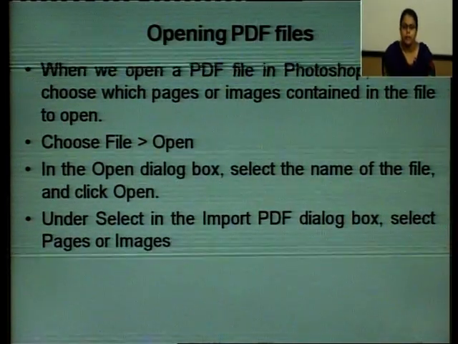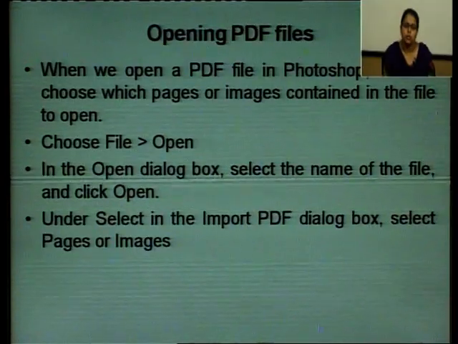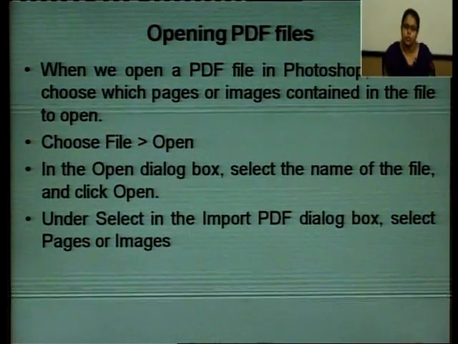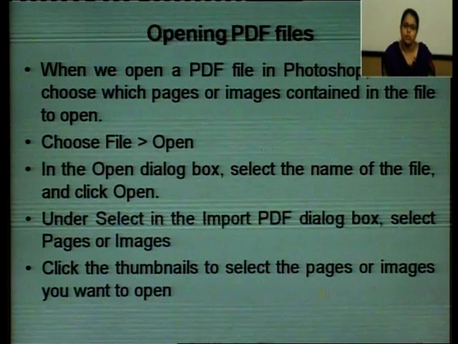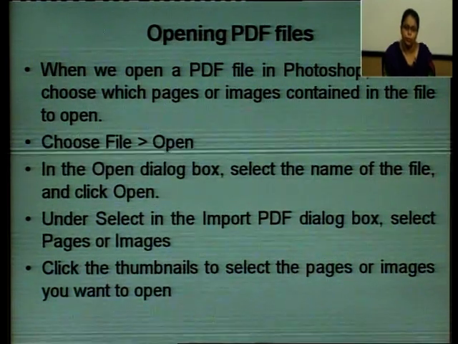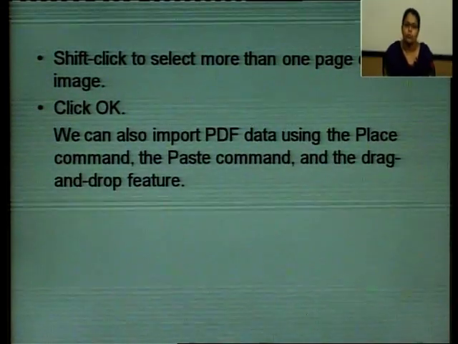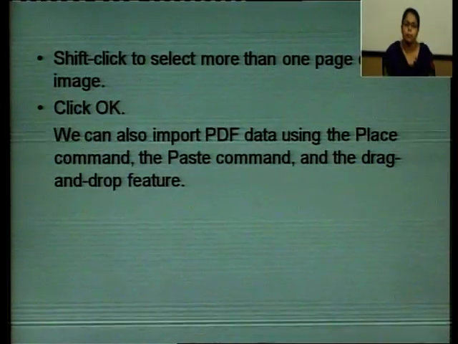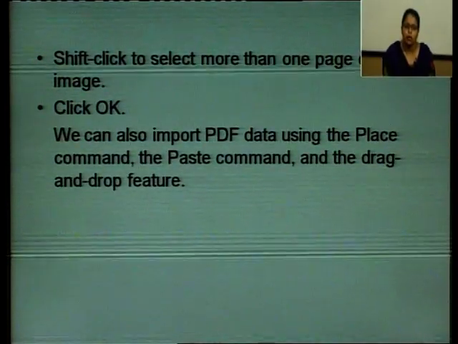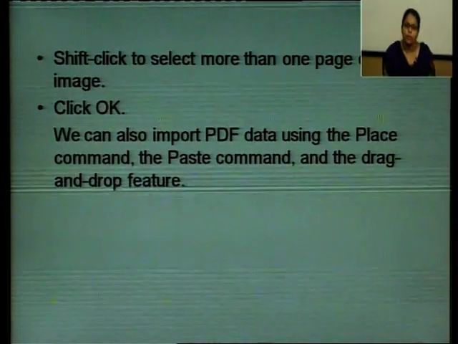Under Select in the Import PDF dialog box, you will select pages or images and then click the thumbnails to select the pages or images you want to open. If you want to select more than one page or image, you can press Shift and click, then click OK. It will import the particular image or page from the PDF file into your document. We can also import the PDF data using the Place command, the Paste command or the drag and drop feature.